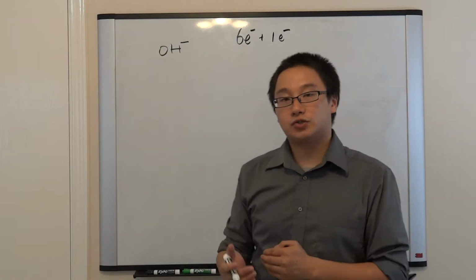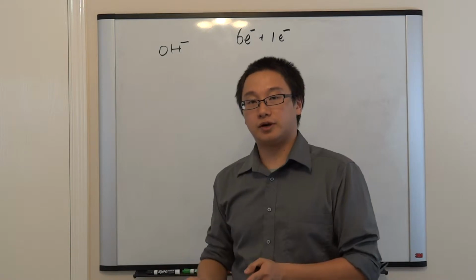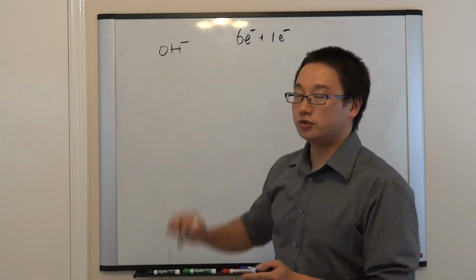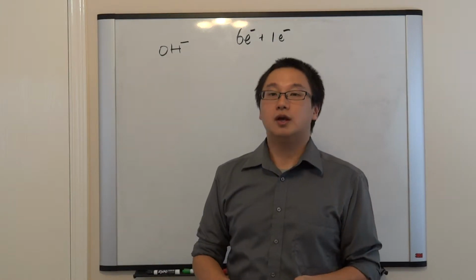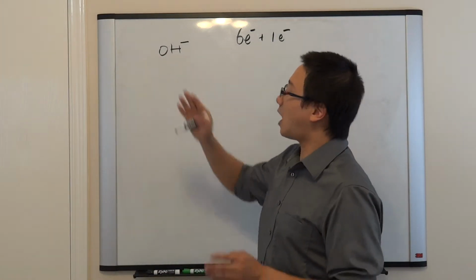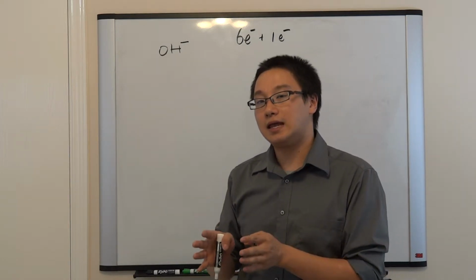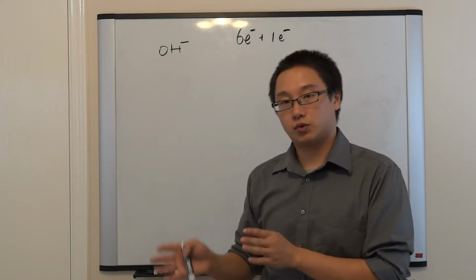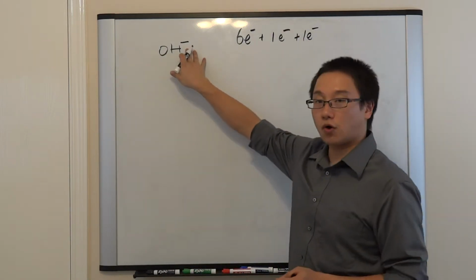When we have a minus charge, that means there's an imbalance between protons and electrons. And when we have a negative charge, it means there is 1 more electron than the protons. So this combination of oxygen and hydrogen gains 1 electron from other sources. So therefore, we have to add this electron based on the charge.